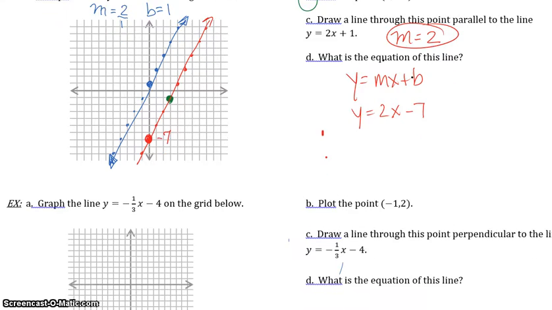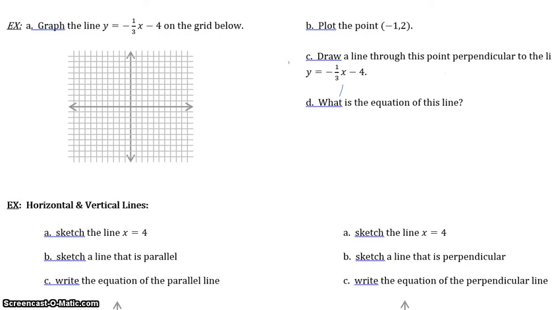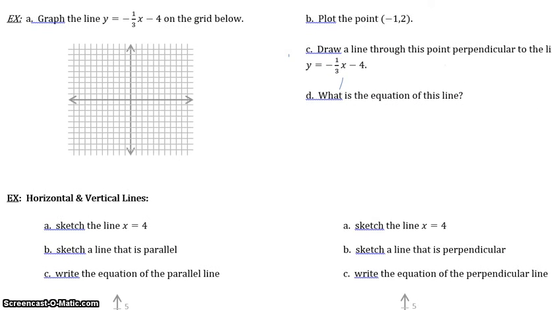We're going to do the next one pretty much the same way, only we are going to construct a line that's perpendicular to it. So again, we plot the y-intercept and we use the slope to find more points.